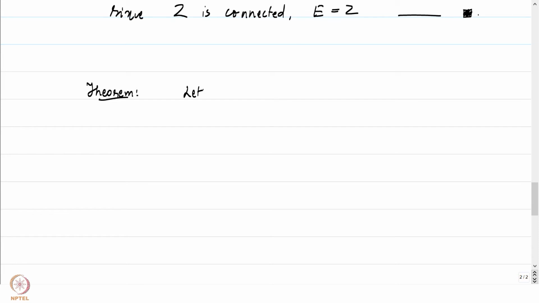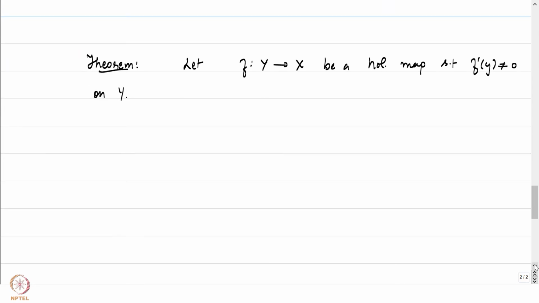Let's take some holomorphic map. Let f from Y to X, so Y and X are open subsets of C. I have not put any more conditions there. Let f from Y to X be a holomorphic map such that the derivative of f doesn't vanish at any point of Y, so that f prime of y is not equal to 0 on capital Y. This ensures that at every point of capital Y we can establish f as a local biholomorphism.